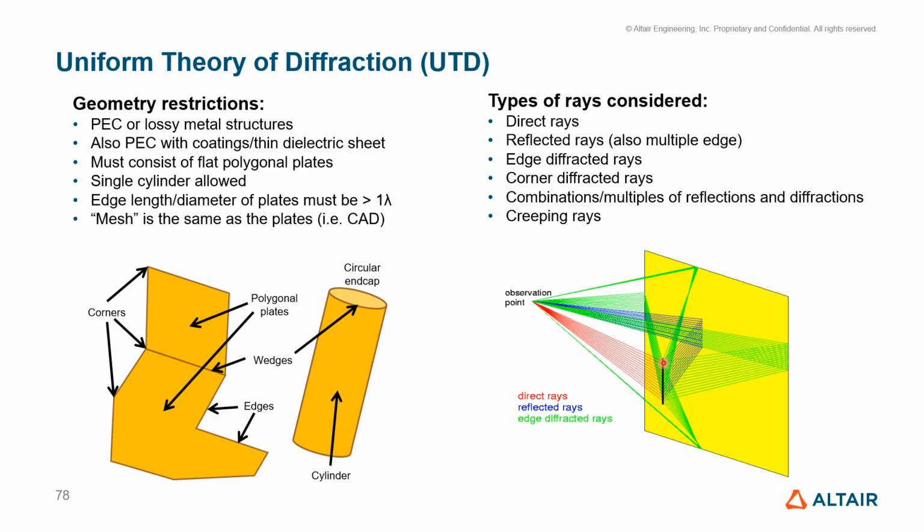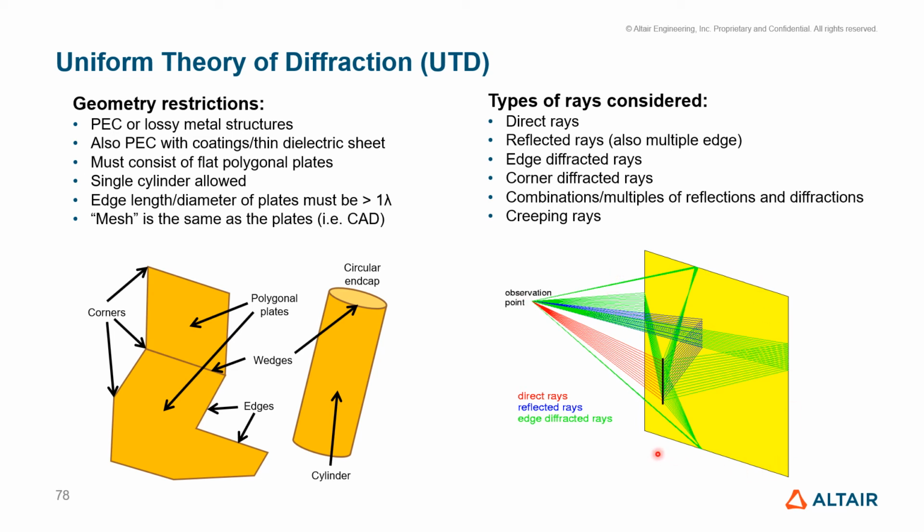The current on each segment can become a source to the UTD, where you compute the reflection from the plate at the observation point, plus the diffraction contributions at the observation point, as well as the direct ray contributions, giving you the total field.